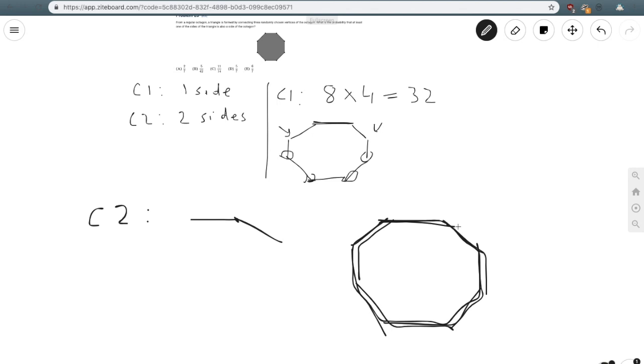So I have 8 possible pairs of adjacent sides of a triangle that coincide with the octagon. So I have 8 cases here.